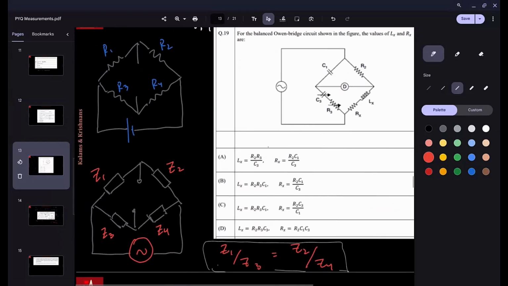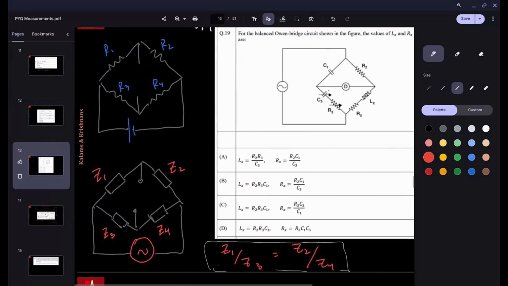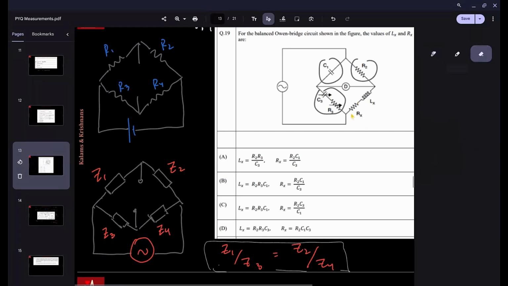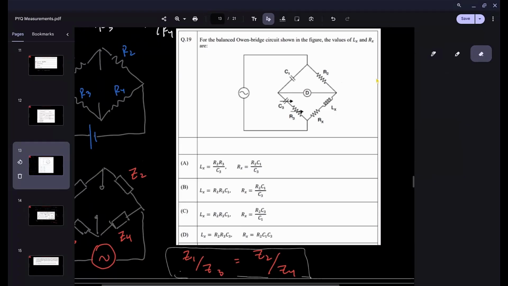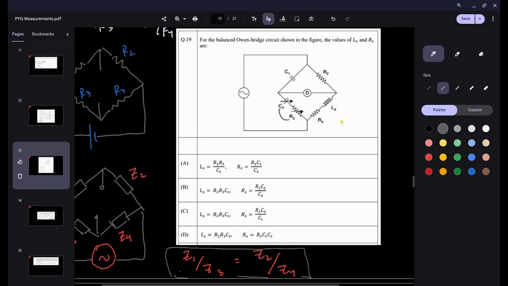For the balanced Owen's bridge, it is like this. In one arm you have a capacitor, in another arm a resistor. This is a capacitor and resistor in series, and a resistor and inductor in series. But you know how to deal with the impedances, right? So for this series impedance, you know how to do this: ZC plus ZR, ZR plus ZL here.